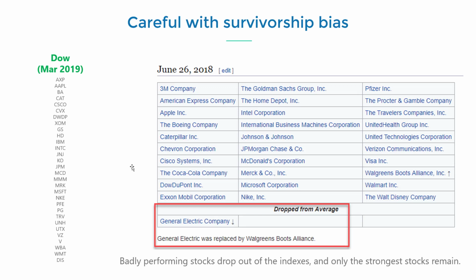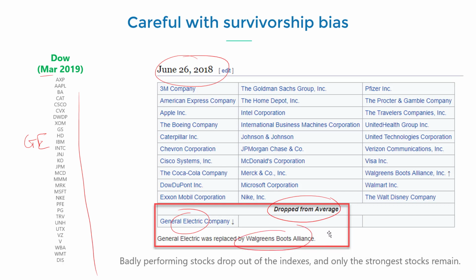Here's an example. As of March 2019, this was the static list of the Dow stocks. But if you look through this, you can see that GE is not there. Why is that? Well, back in June 2018, GE got dropped from the average. They got replaced by Walgreens.